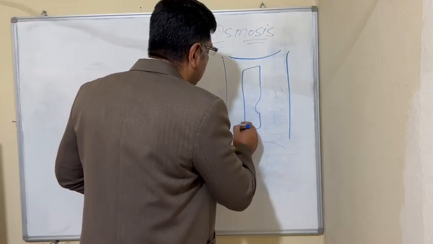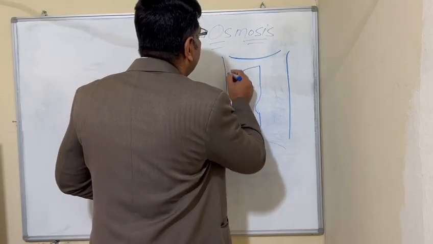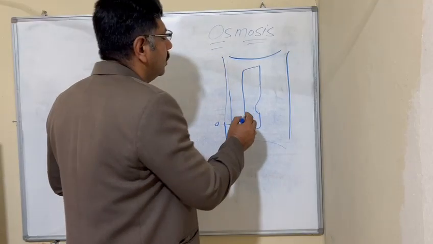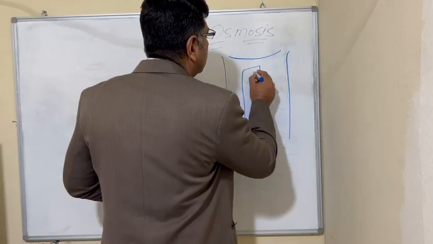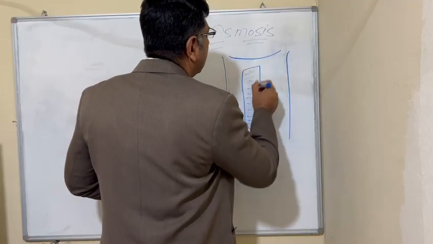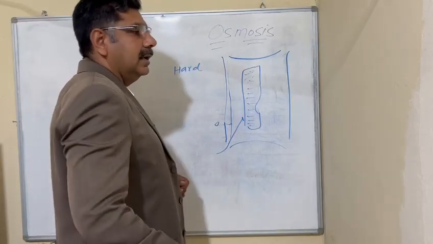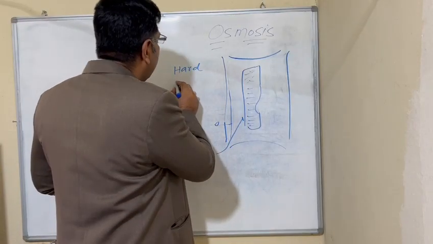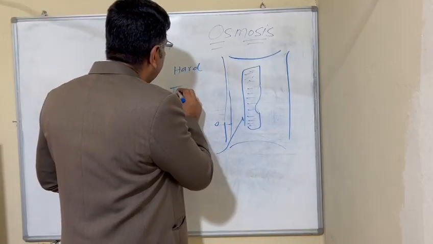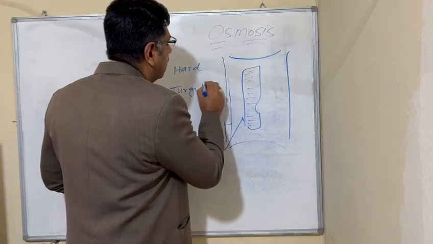So water will diffuse in with the help of osmosis through the cell membrane, into the cytoplasm and the vacuole, and the vacuole will become hard, and it will make the cell firm due to rigidity.